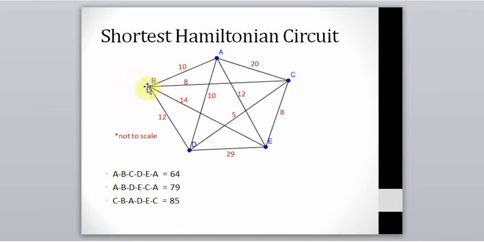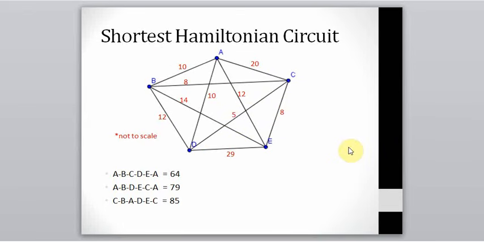The distance from A to B is 10. The distance from A to E is 12. The distance from D to E is 29. So there are distances between the objects, or there's a measurement on every edge.